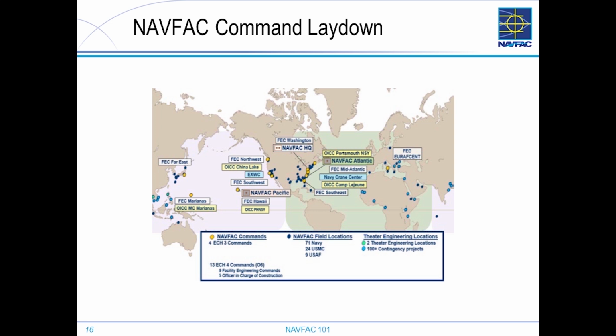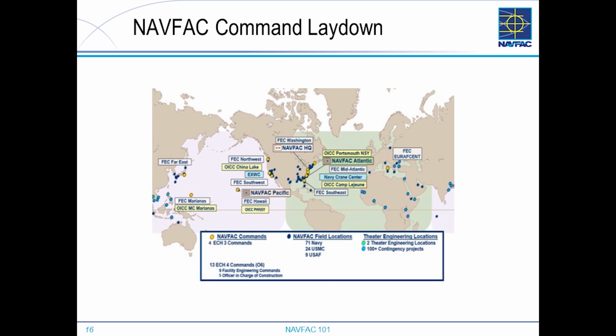We have multiple OICCs, officers in charge of construction, worldwide. We have multiple FECs dispersed throughout the globe. We have our Echelon 3-level commands, which include NAVFAC Atlantic, Pacific, EXWC, the Engineering and Expeditionary Warfare Center, as well as the Navy Crane Center. And then finally, we have NAVFAC headquarters in Washington, D.C.